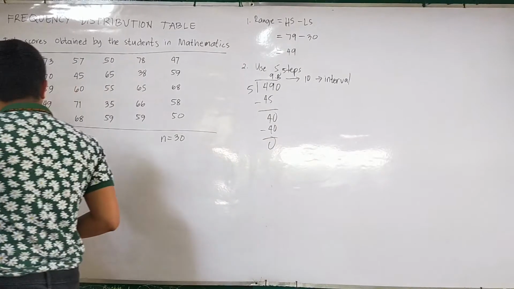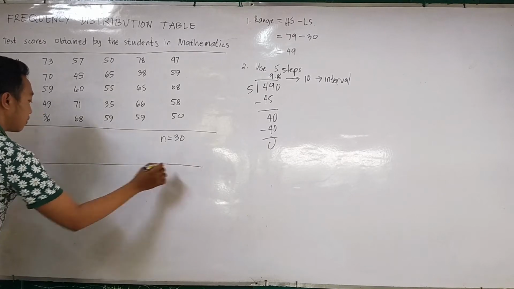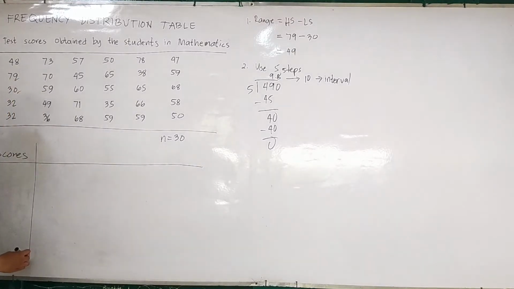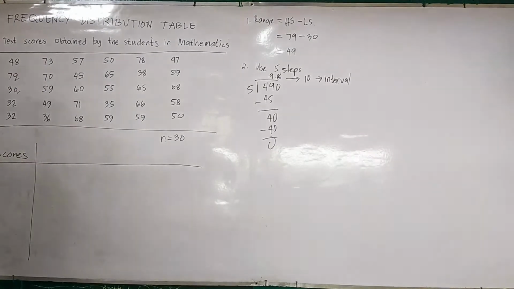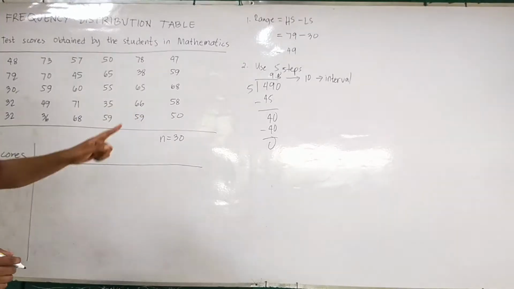So let us say that we have here our table. We have the scores. Let us start with the lowest score, which is 30.